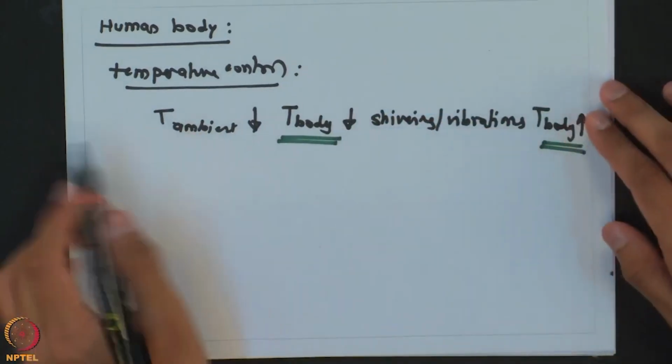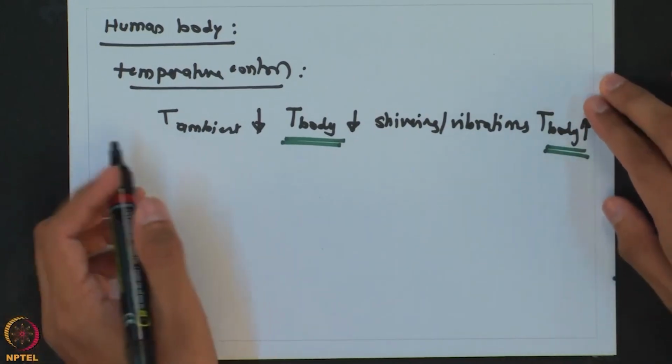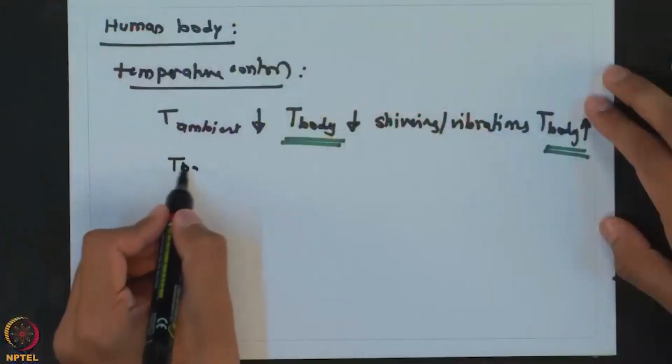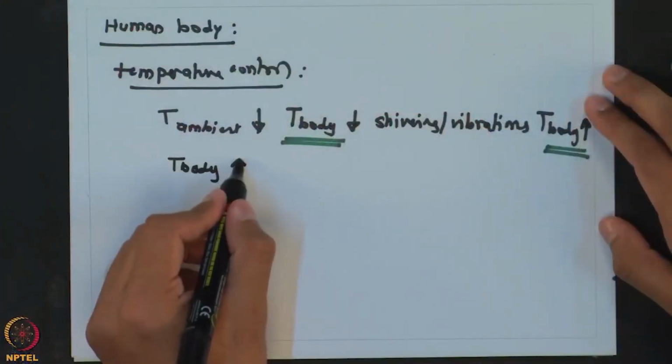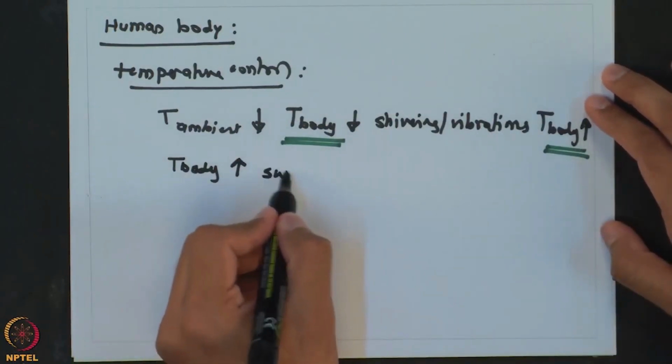Same thing is true when the opposite case happens. Let us say you exercise or run quite a bit, then your body temperature increases. In that case, what do you do? You sweat.